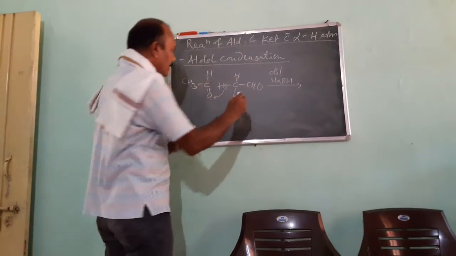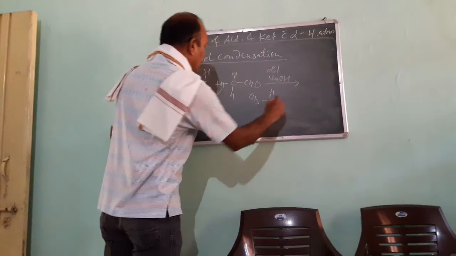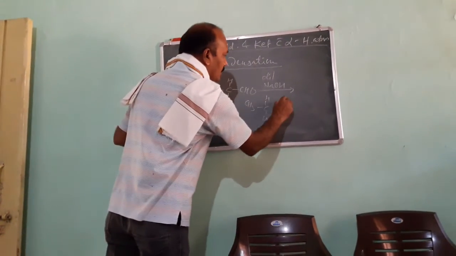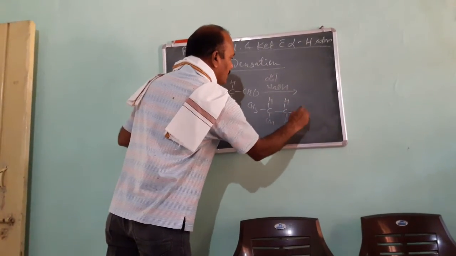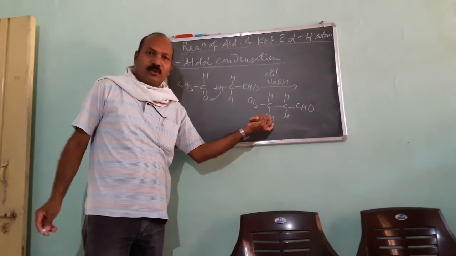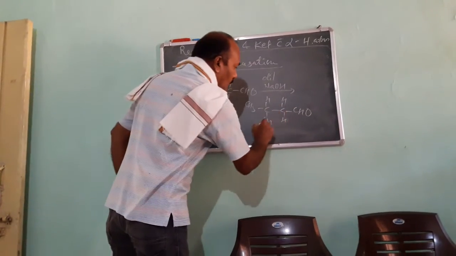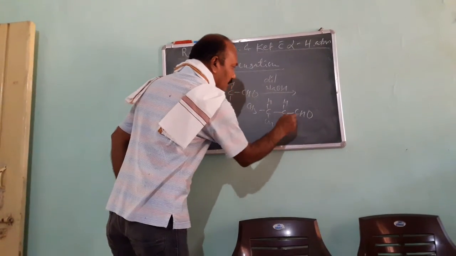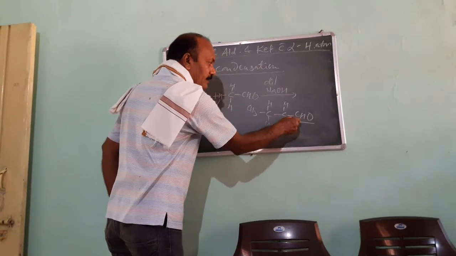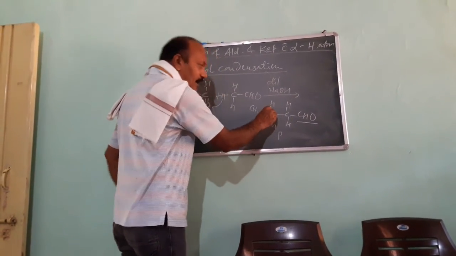The product formed is CH3, CHOH. This carbon gets joined to CH2, CHO. So this compound contains aldehyde as well as OH group, hence the name is aldol condensation. So this is the functional group aldehyde, this is the first alpha carbon, this is the second beta carbon.